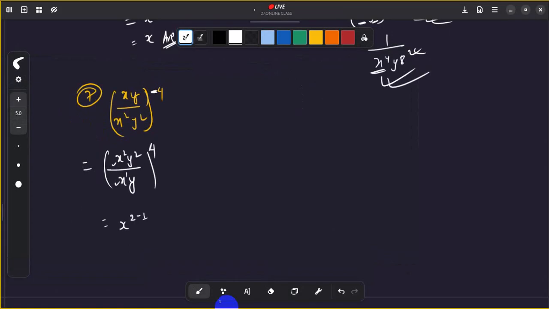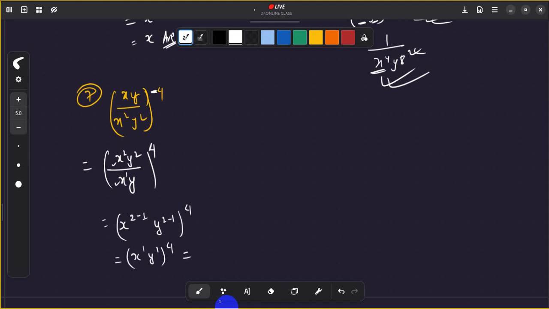Similarly, in the case of y, y square divided by y means y to the power 2 minus 1. It's whole power 4. Now how much will it come? x to the power 1, y to the power 1, whole power 4. Now these powers get multiplied.